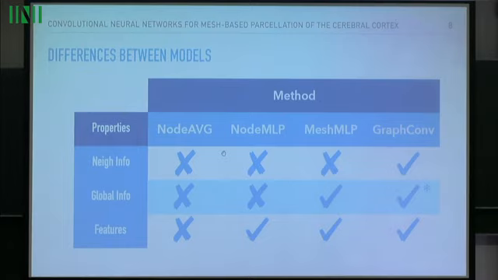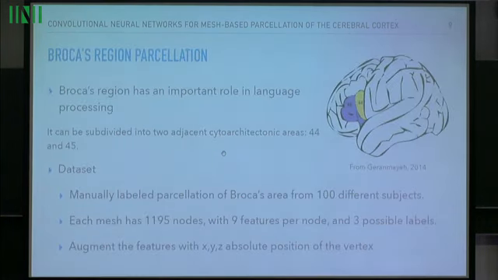Node MLP, which just looks at point-wise predictions, just has access to the features within each of the nodes. The full graph MLP, which looks at the entirety of the nodes at the same time, has access to the features and to global information, but doesn't have access to who's connected to whom. And all of our graph convolutional methods have access to all three of those. And we should expect them to perform better.